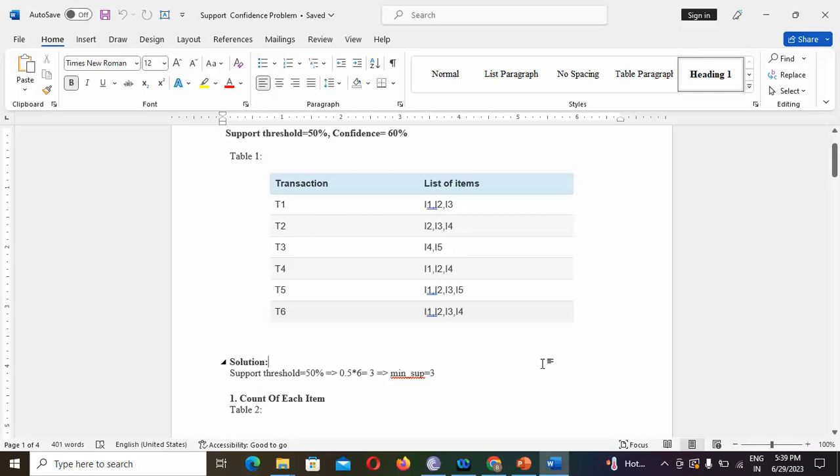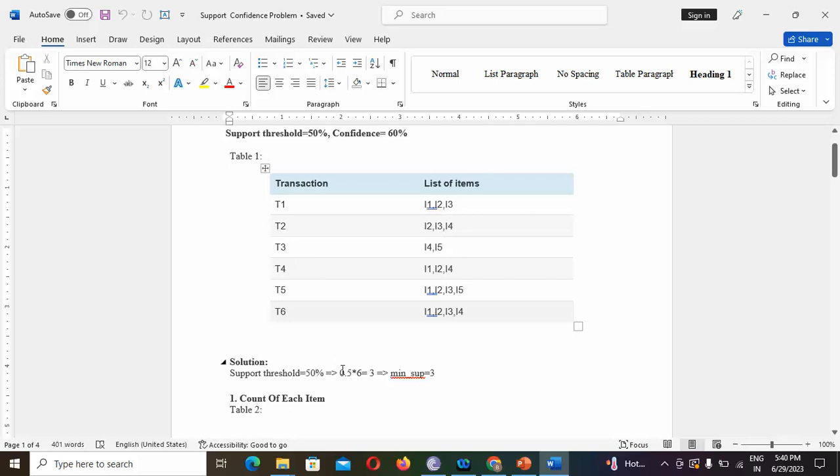In the given information, they are giving the support threshold level as 50%, and the confidence level is 60%. To calculate the minimum support level, you have to multiply 50%, which I am going to convert into 0.5, by the number of transactions.